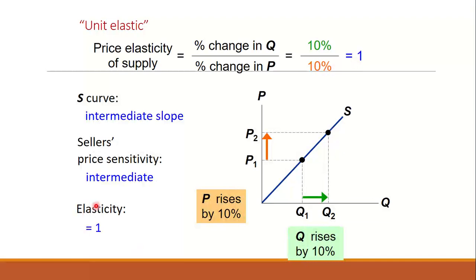So here the elasticity is equal to 1, showing an equal amount of change in quantity due to change in price. Here price rises by 10%, and so does quantity. Here the elasticity is 1, so we can call it unit elastic.